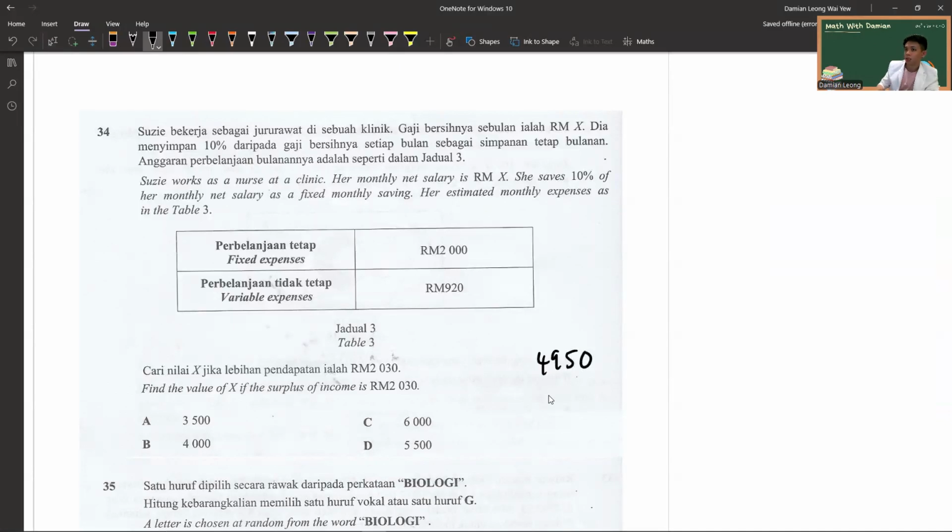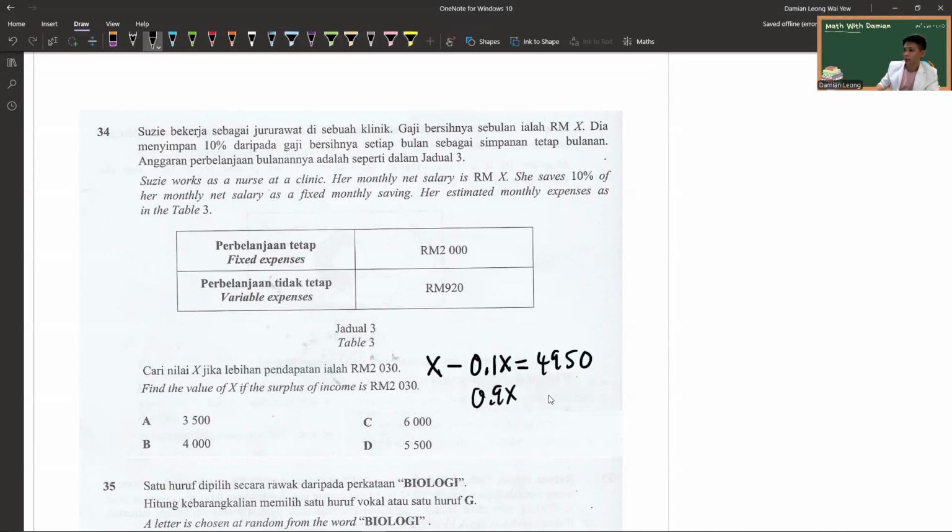Her net salary is X. X minus 10% of X, so 0.1X, equals 4950.